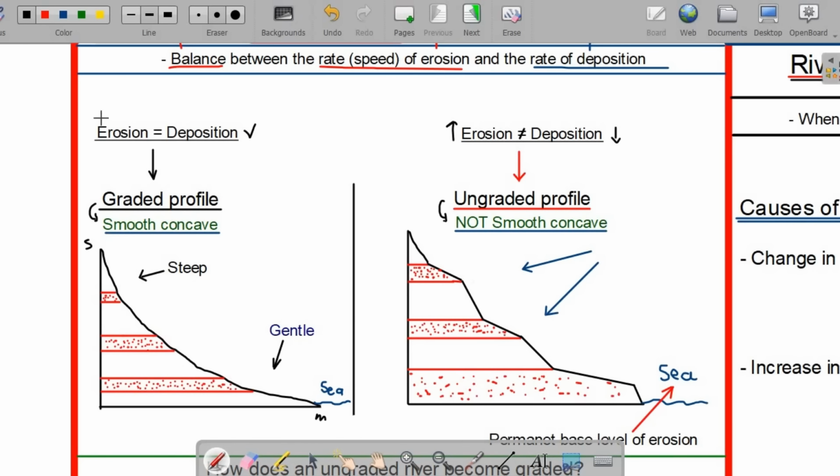Now when you have the rate of erosion equaling the rate of deposition, the river develops this profile that we see here, this smooth concave profile. As you can see, it is steep in the upper course, and then it becomes gentle in the lower course. So that is what we call a smooth concave profile.